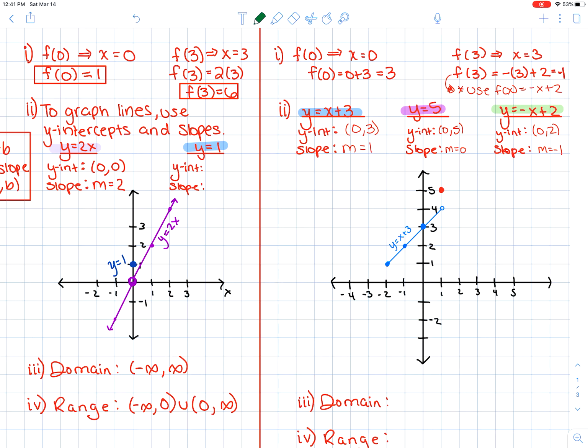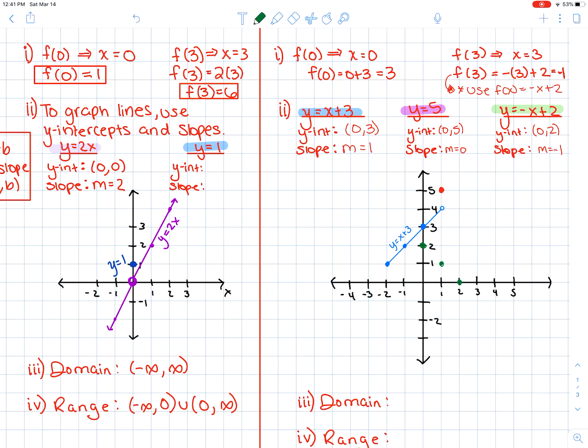Okay, so I'm starting at 0, 2. And then rise 1 over to the left 1. And we can actually also go the other direction. So down 1 and to the right 1.